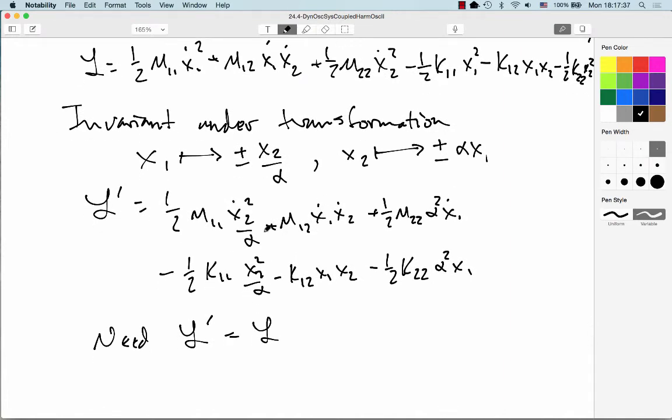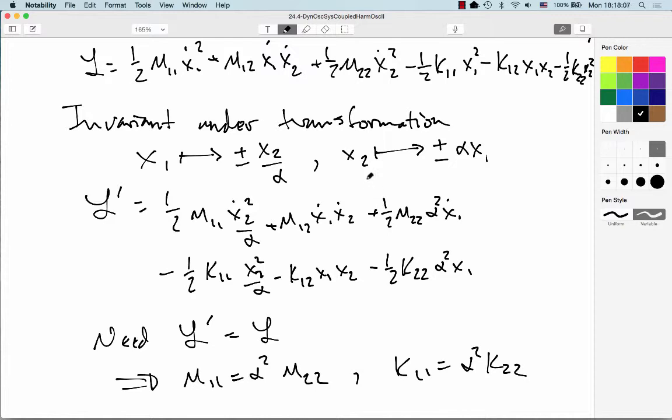Looking at this term here, the m11 x1 dot squared, that matches to here, m22 alpha squared x1 dot. So that's one of the first things that we get: m11 equals alpha squared m22. And by the same token, we get k11 equals alpha squared k22.